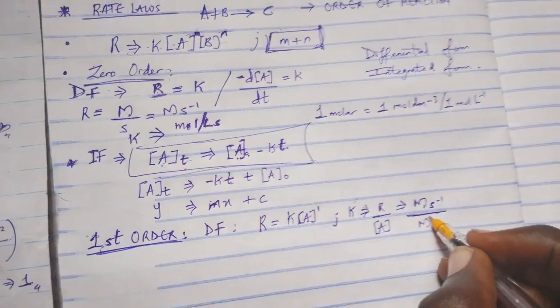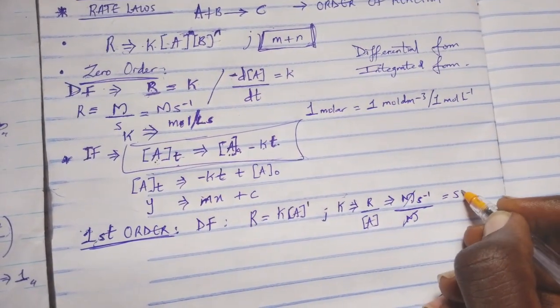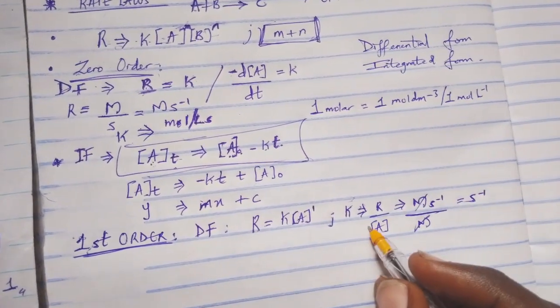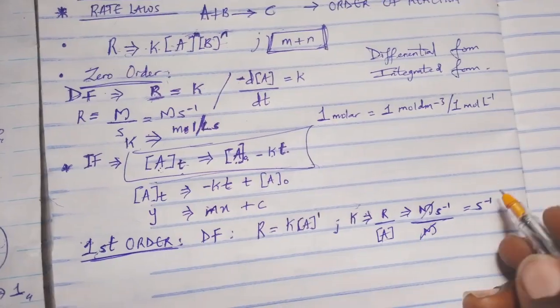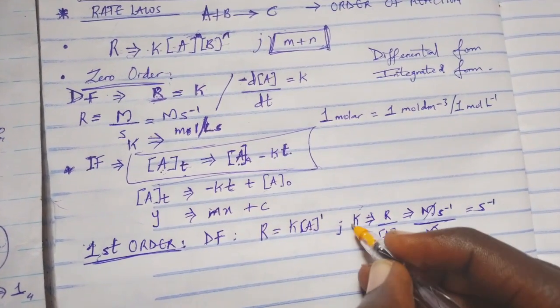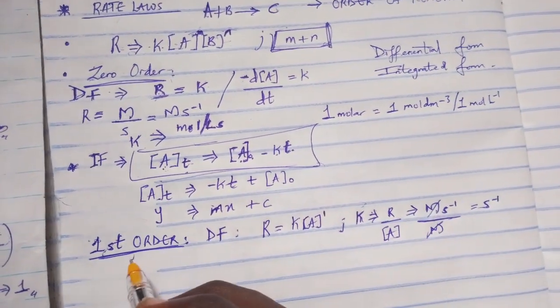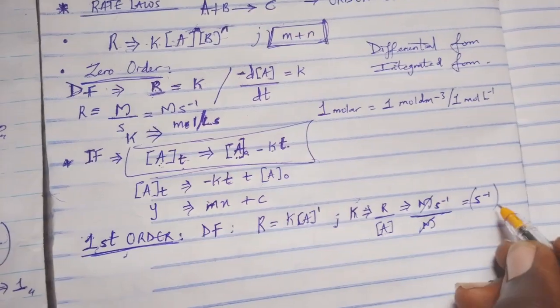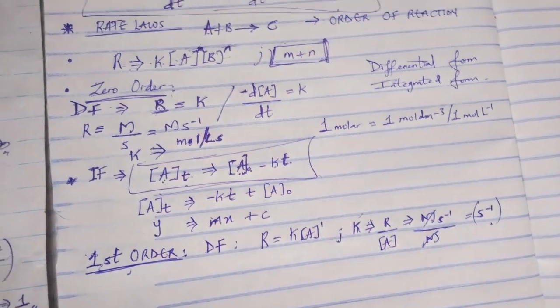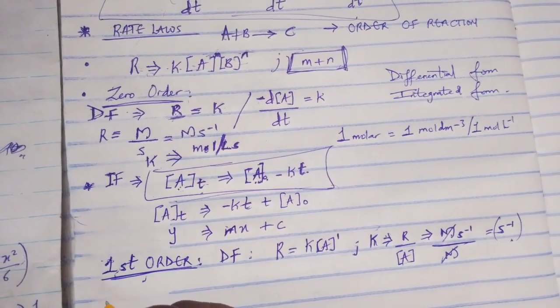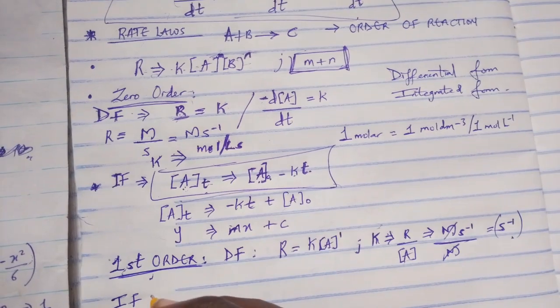So molar cancels molar, hence we have per second. Hence the rate constant for first order, the unit is per second.